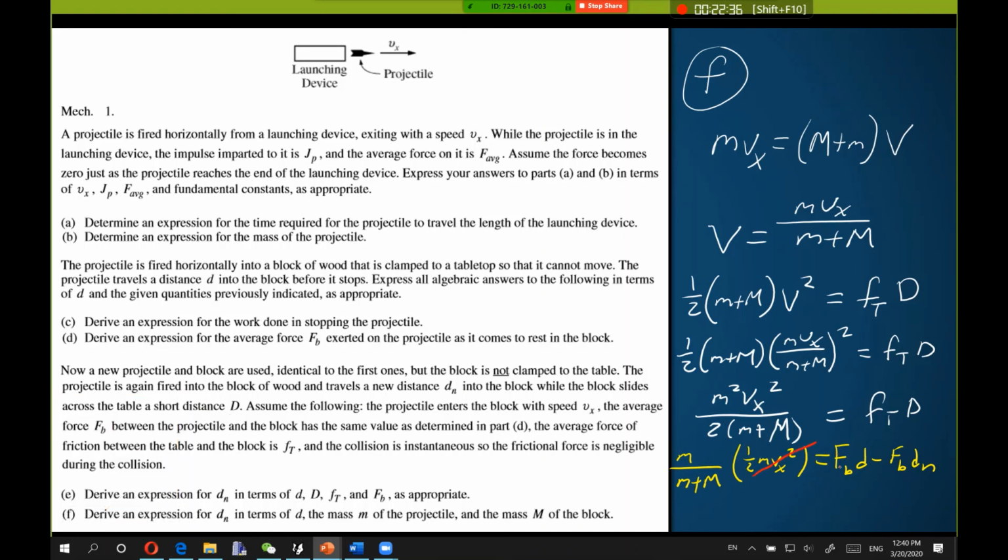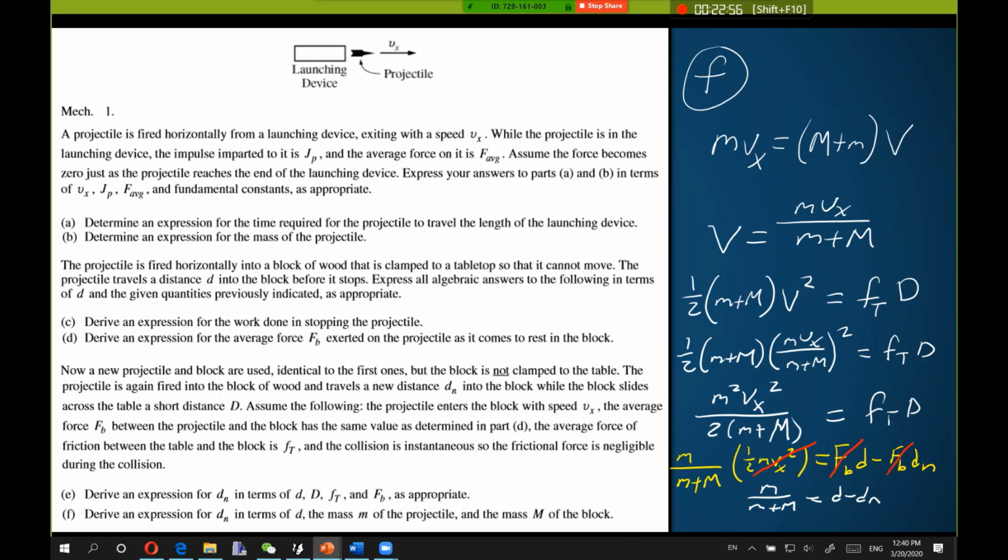This is F_f, this is F_f, this is F_f. So that leaves us with m over m plus M equals D minus d_n.